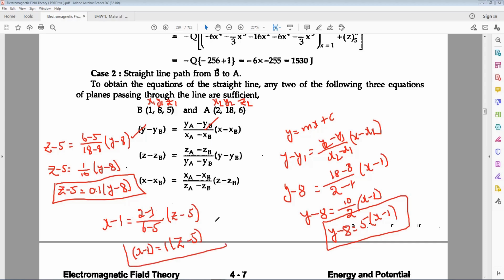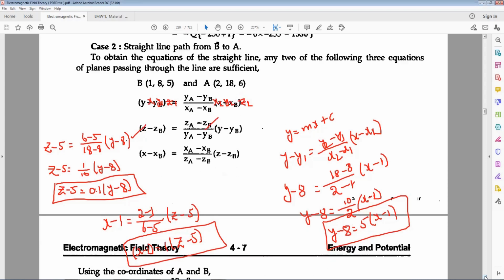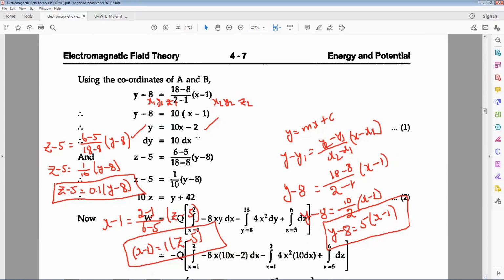These are the three equations we got here, and using this formula, you see here, y minus 8 is equal to 10, here the 2 minus 1 is 1 only, my dear students, sorry. So the total value is 10 into x minus 1.